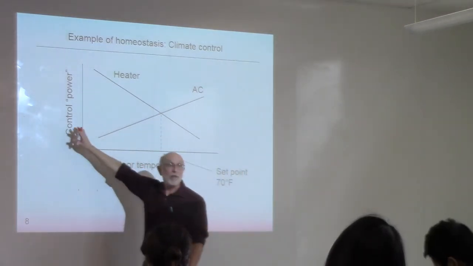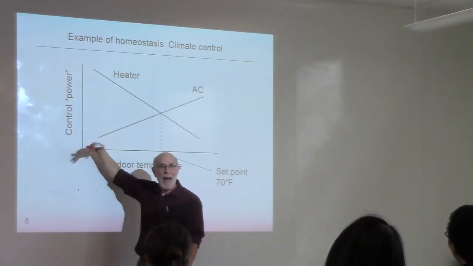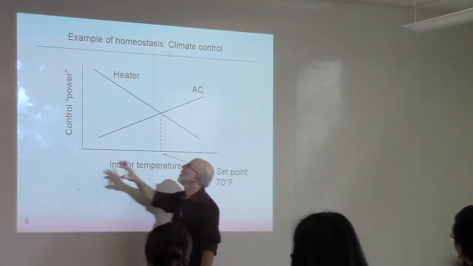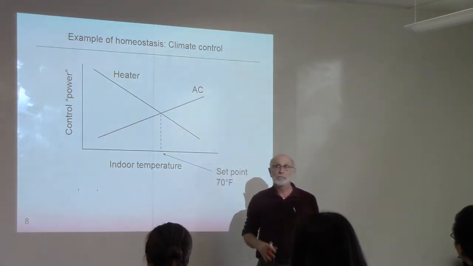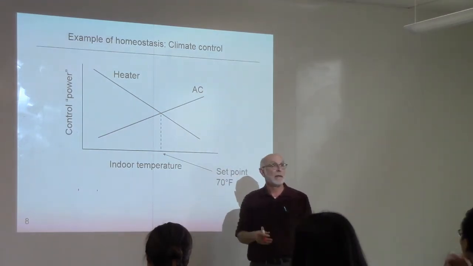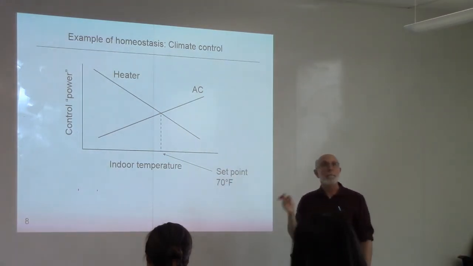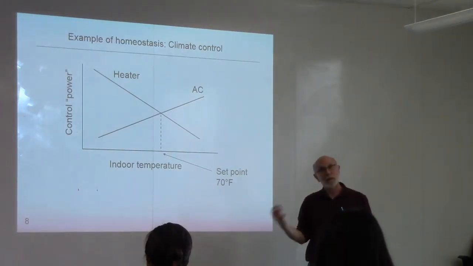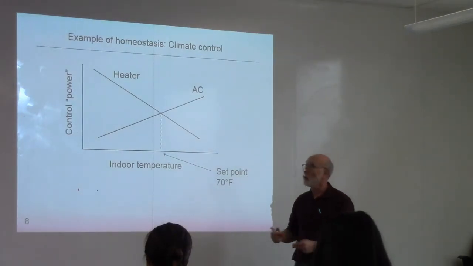And there are systems that have power that control the temperature in this room. There is a heater and there's an air conditioner. And the thermostat controls the power to the heater and to the air conditioner, to the cooler.